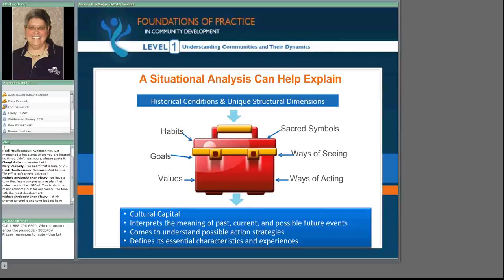Okay. Well, let me just point out that communities don't exist in a vacuum. They are powerfully shaped by their history, by their cultural capital, their historical conditions, their habits, their ways of seeing and acting, the goals and values, sacred symbols, and special events that they have.